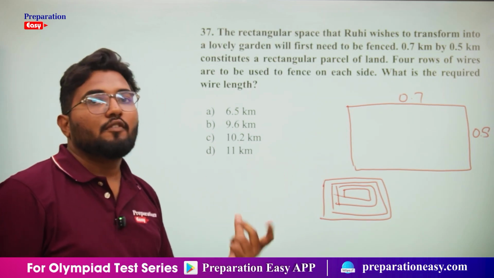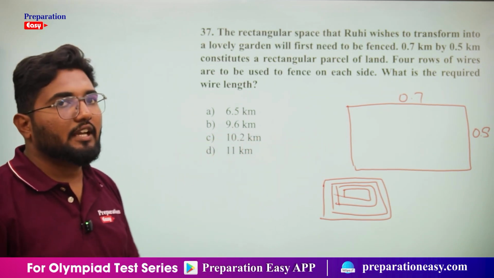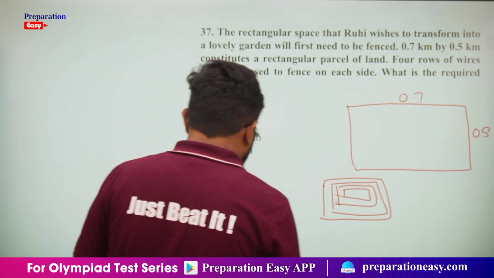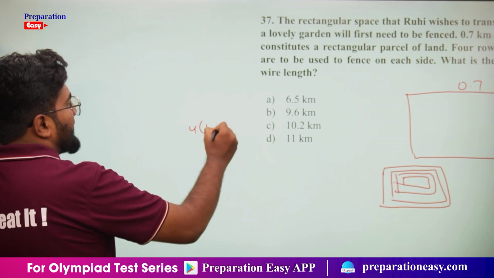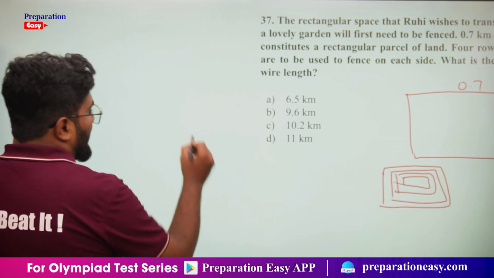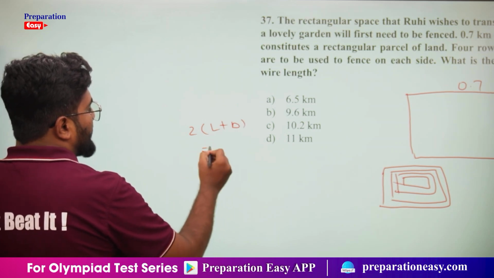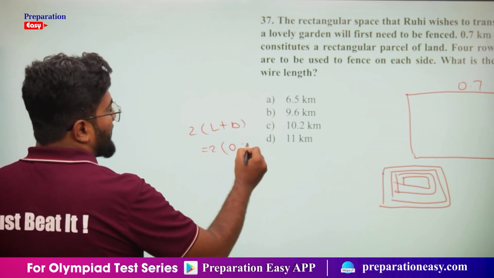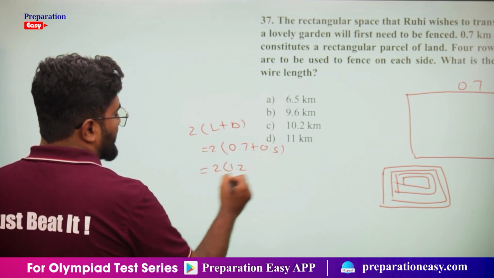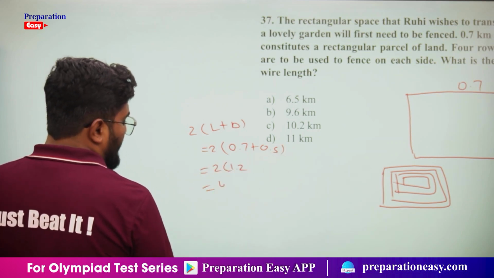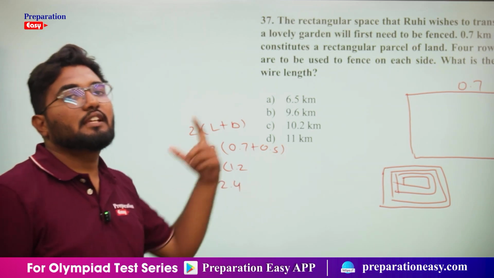So what do we have to calculate? First we have to calculate the perimeter of the rectangle, which equals 2 times (L plus B), which equals 2 times (0.7 plus 0.5), which equals 2 times 1.2, which equals 2.4. This is for one single round.